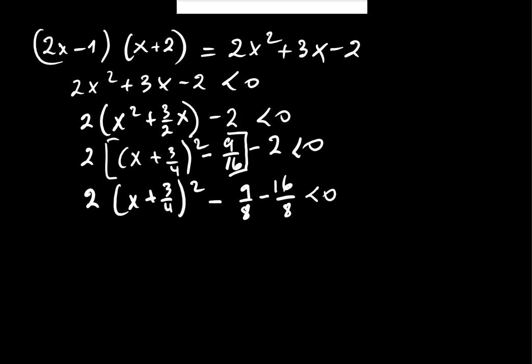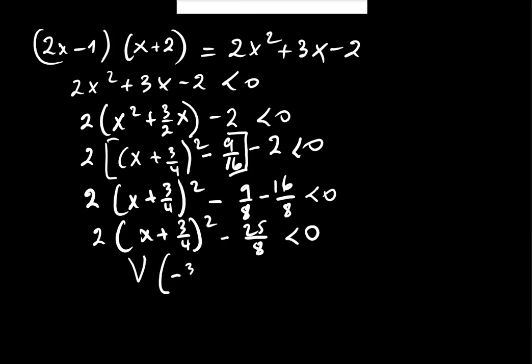Correct? So that means 2 factoring x plus 3/4 squared minus 25/8 is less than 0. Something we already know here. We know the vertex is minus 3/4 and minus 25/8. Correct?